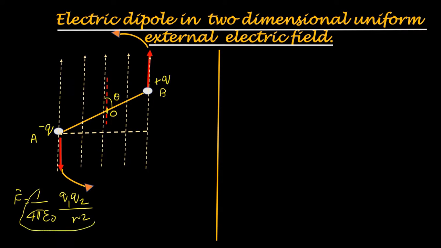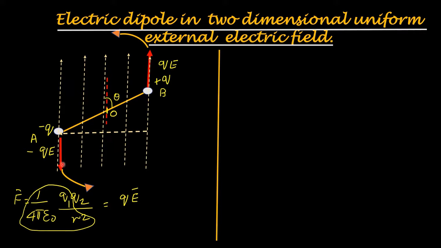Electric field is equal to 1 by 4 pi epsilon naught Q by R square. So we get another expression for F equal to QE. So negative Q experiences a force equal to negative QE and positive Q experiences a force QE.